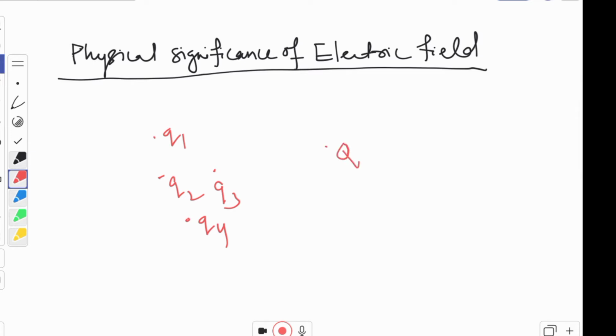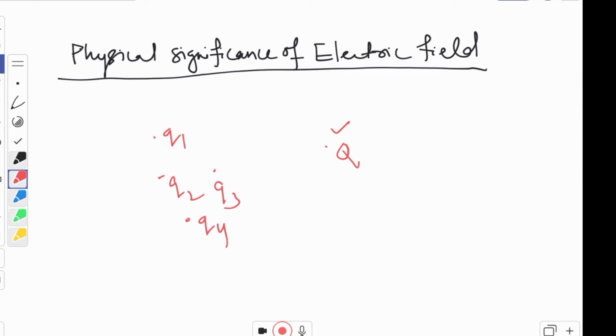We can find out the force on this charge Q due to all these charges Q1, Q2, Q3 and Q4. How? By using Coulomb's law and the superposition principle.